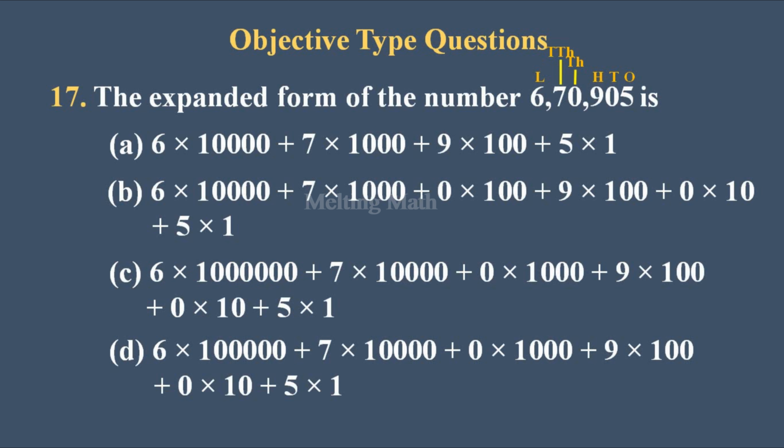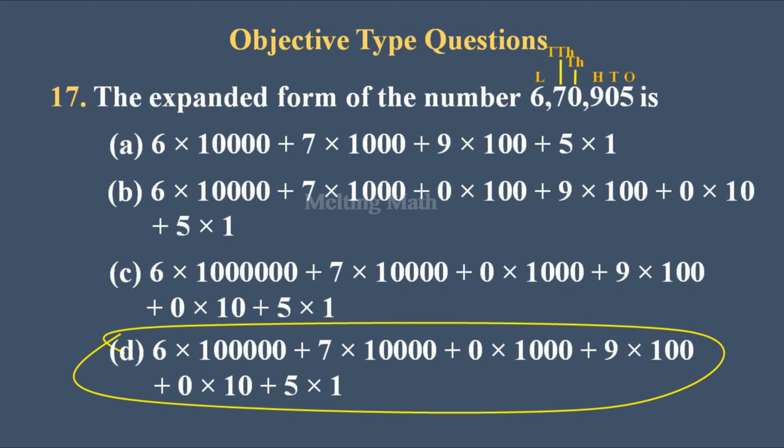Option D has 6 into 1 lakh, so option D is the correct answer because the first digit is in the lakh place. From the expanded form of the first digit itself, we found that option D is correct.